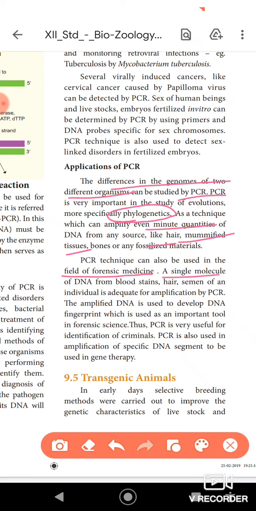A single molecule of DNA from the blood stain, hair, semen of an individual can be multiplied with the help of the PCR, and we can easily find out which person committed this particular crime. Thus the PCR is very useful for the identification of criminals, etc.